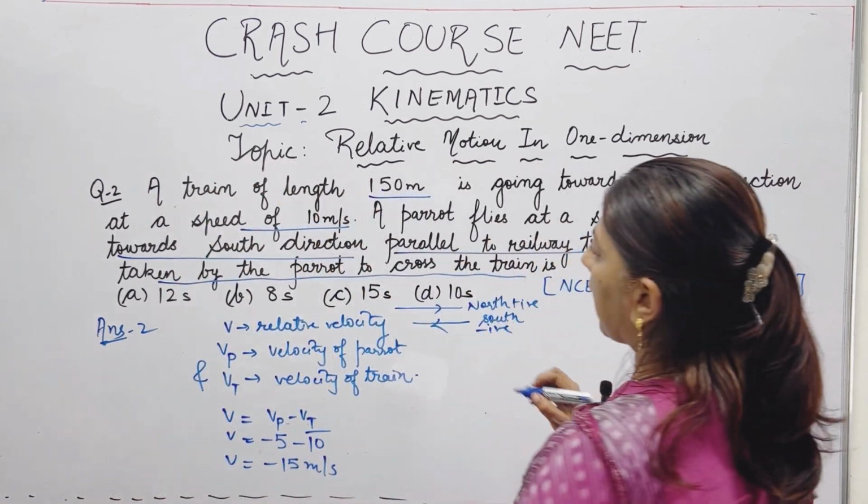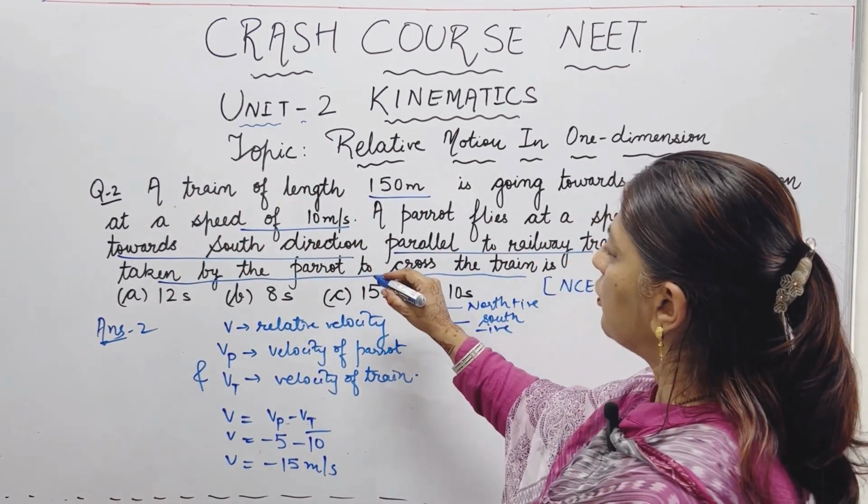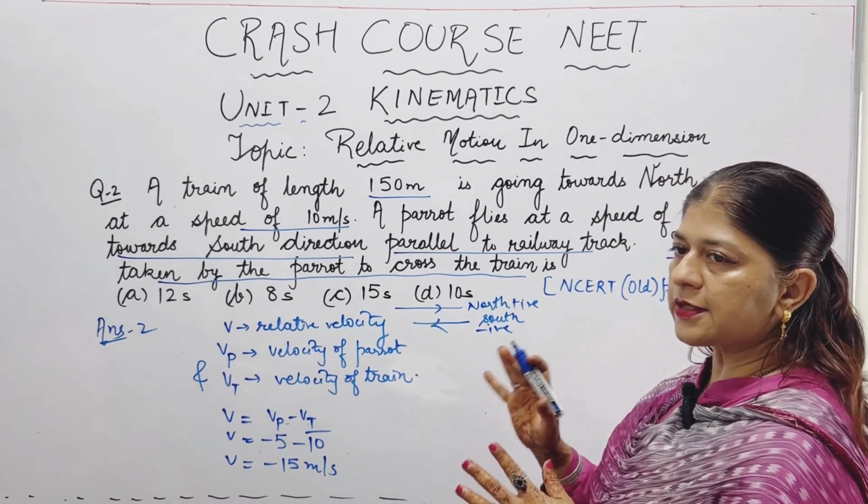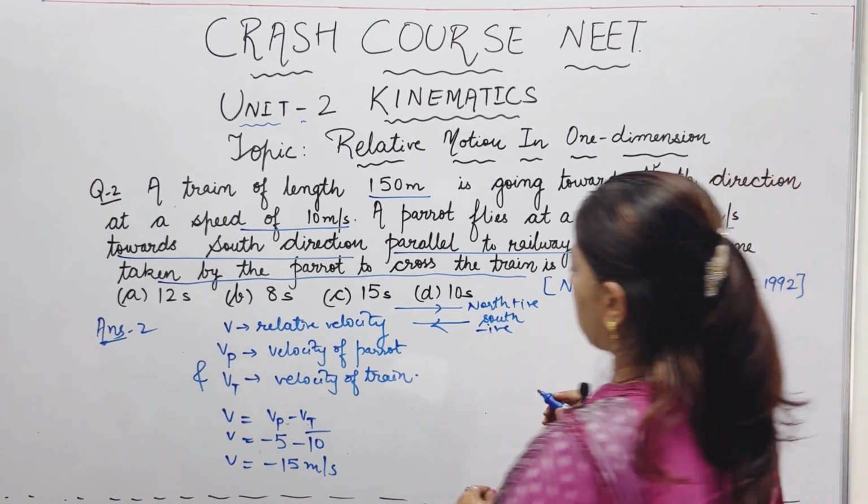Now the time taken by the parrot to cross the train. To cross the train, he has to cover the length of the train. So here the distance will be the length of the train.